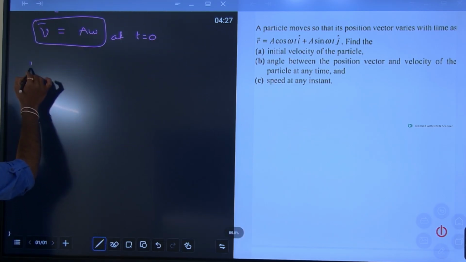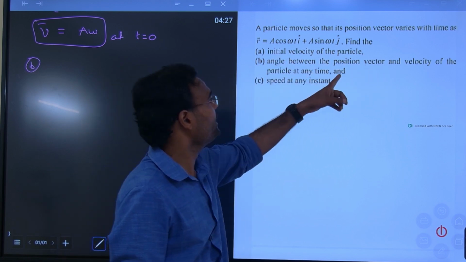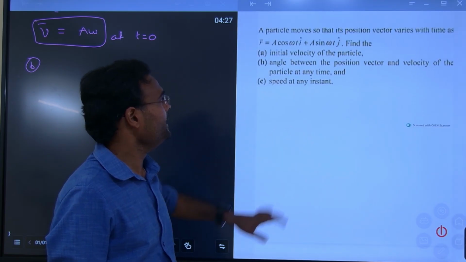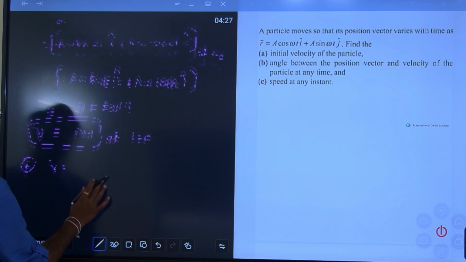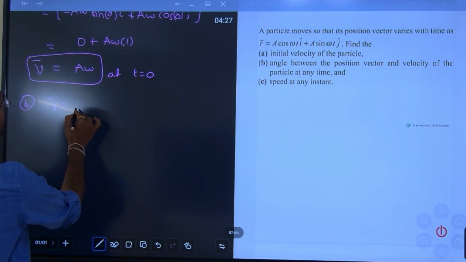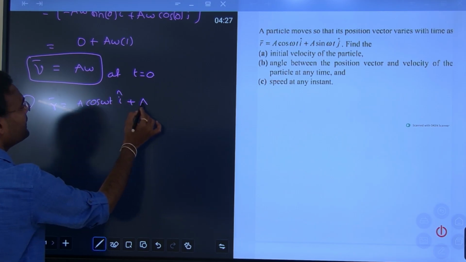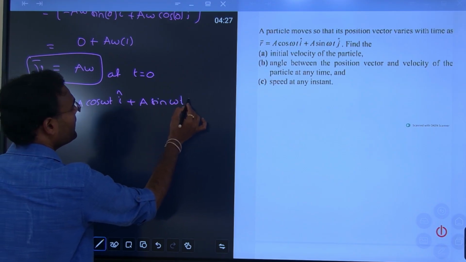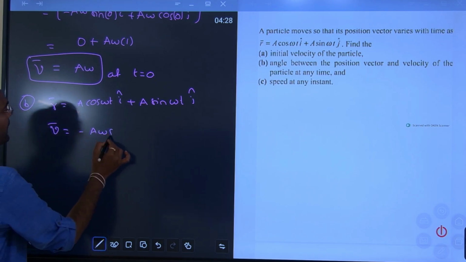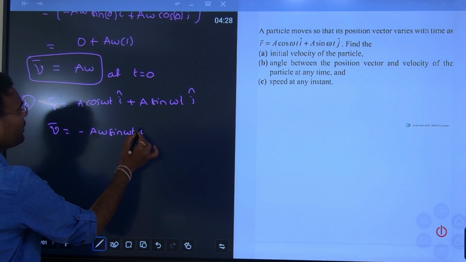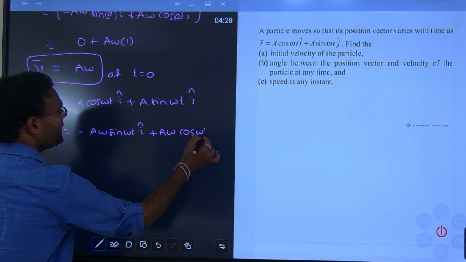Now, the second question. The second part is the angle between the position vector and the velocity vector at any time. The given position vector is r equals a cos omega t i plus a sin omega t j. The velocity vector I found just now is minus a omega sin omega t i plus a omega cos omega t j.